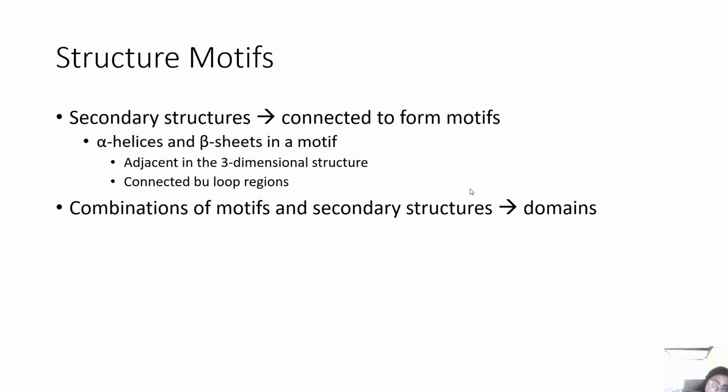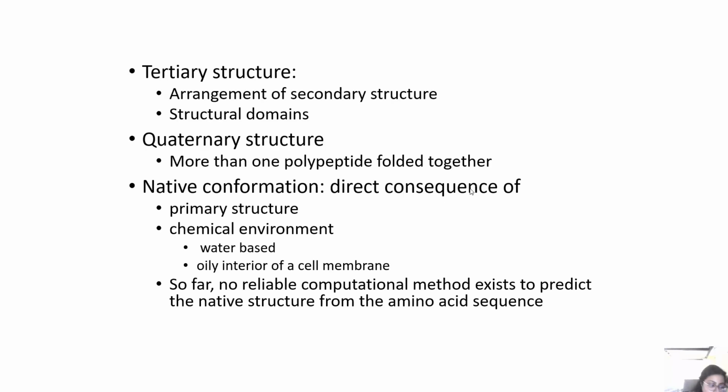Combinations of motifs and secondary structure form domains. Tertiary structure is an arrangement of secondary structural domains; quaternary structure is more than one polypeptide folded together. Native conformation is a direct consequence of primary structure and chemical environment, such as the water-based environment or the oily interior of a cell membrane.